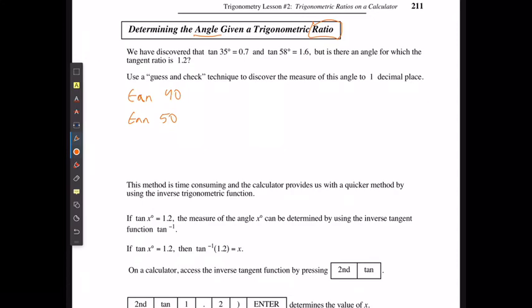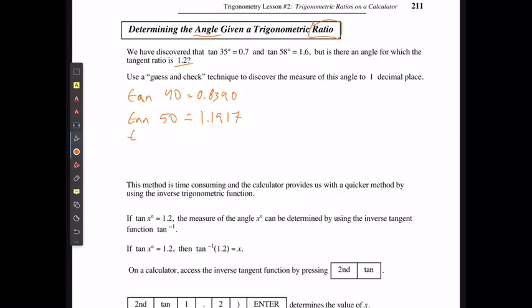In this case, it would be 0.8390. That's not even close to this. Tan of 50 is going to be 1.1917. That is definitely closer to what this is.